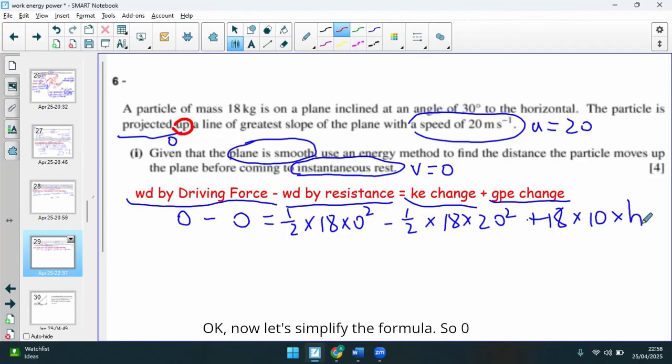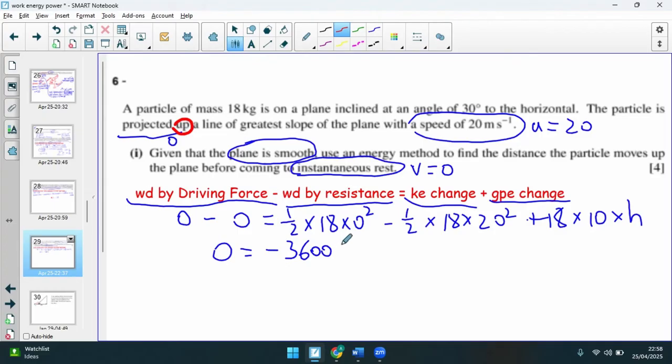So 0 equals... okay, so this is what you've got. Now, in the question, they asked you to find the distance the particle moves up the plane.